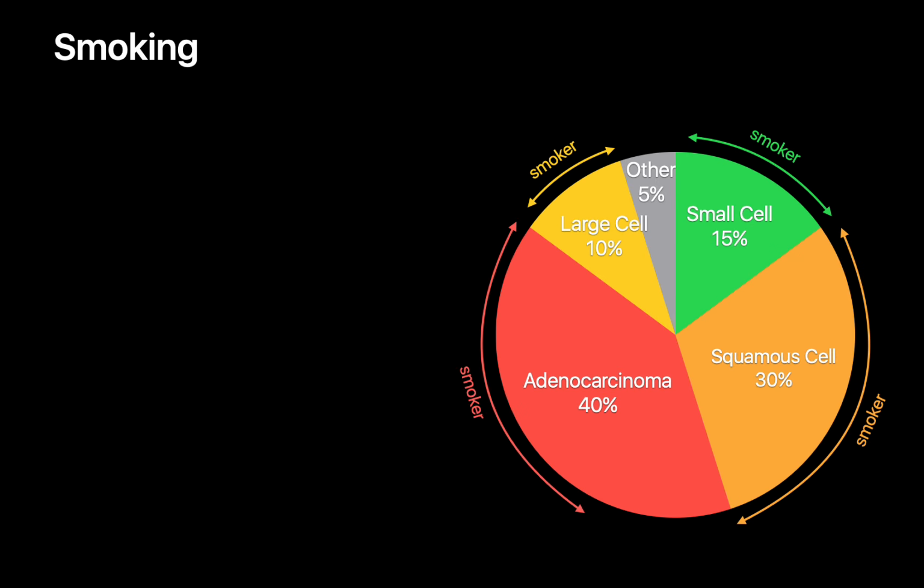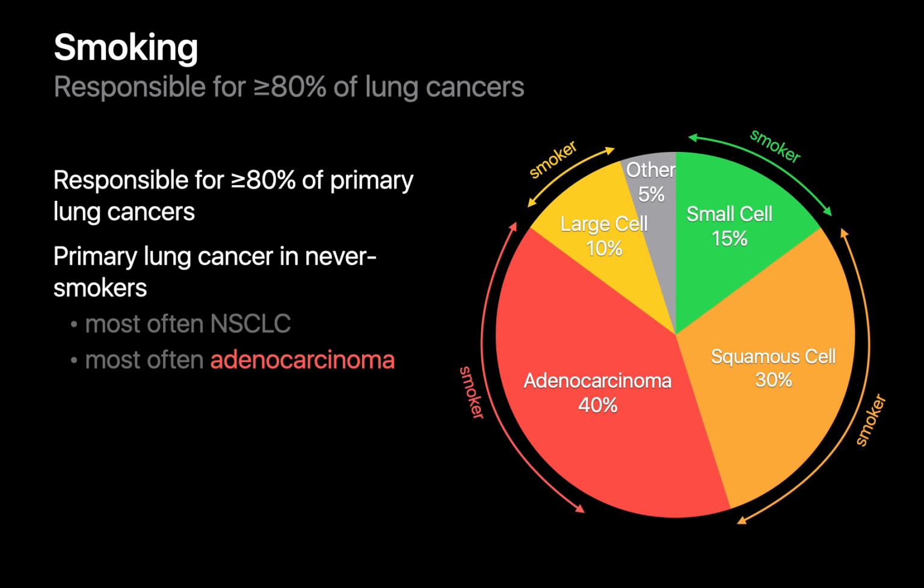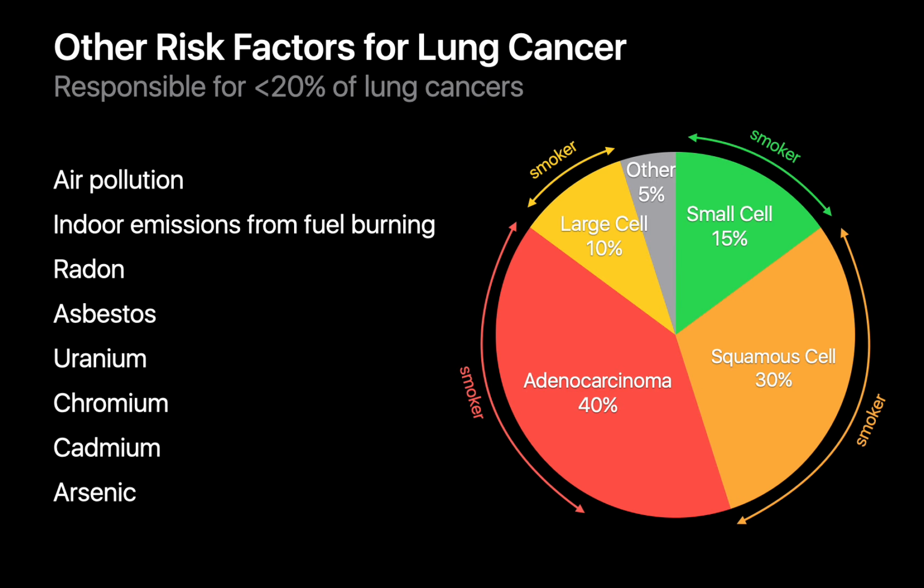However, smokers account for only about 2/3 of the adenocarcinoma wedge. As a consequence, smoking appears to be responsible for something in the vicinity of 80% of primary lung cancers, while many of the remainder of lung cancers may be attributable to other factors such as pollution, radon, asbestos, and other materials on this list.